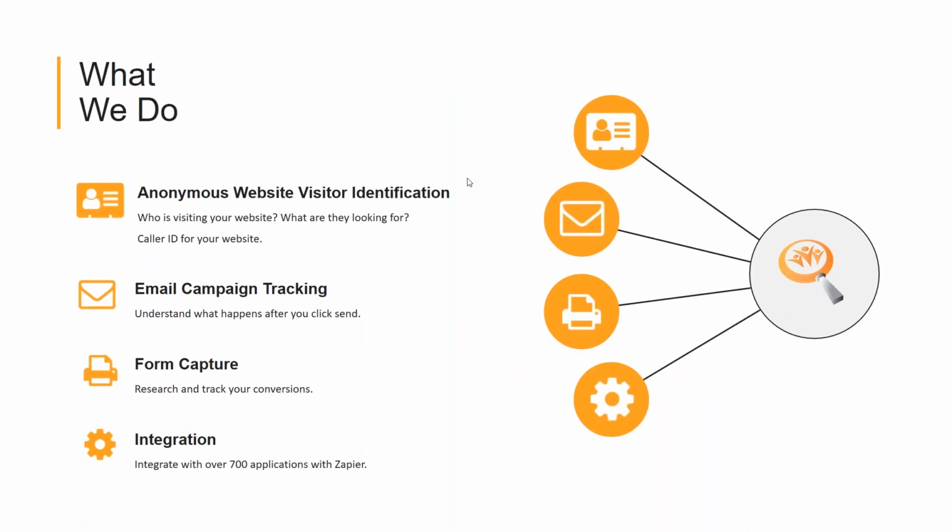So our core product is anonymous visitor identification. And we're going to talk a little bit more about that in just a second, but it's like caller ID for your website. And for those of you on the line, do you remember what it was like back before we had caller ID? The phone would ring and we would have no idea who was calling us. So we had no information to make any decisions on.